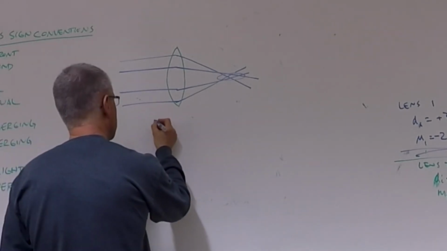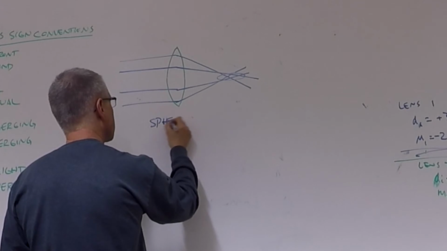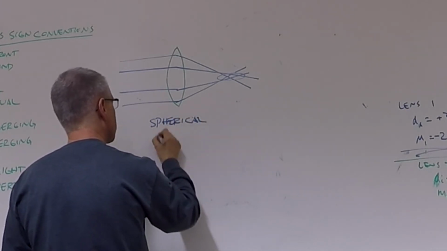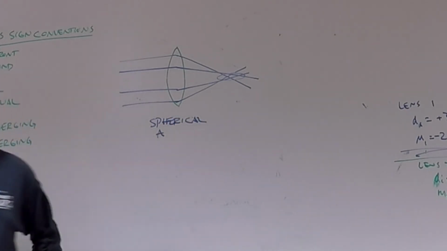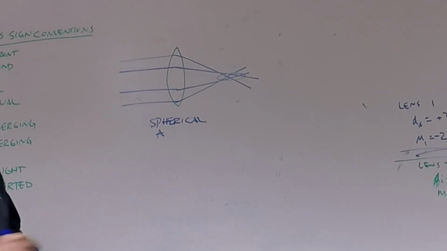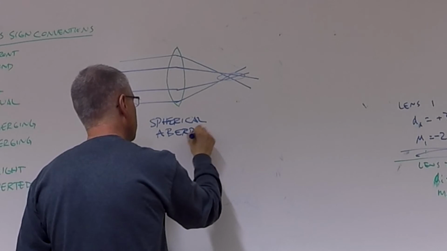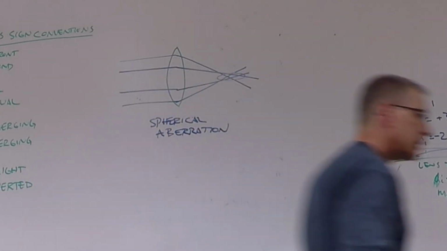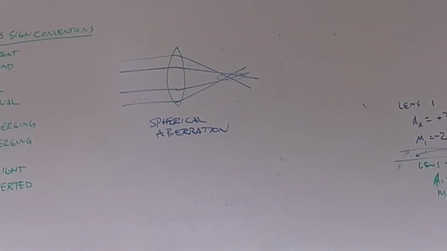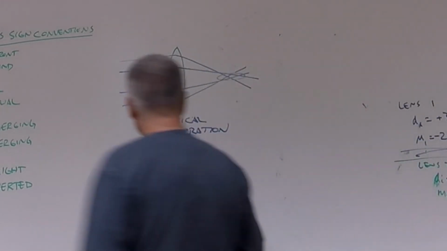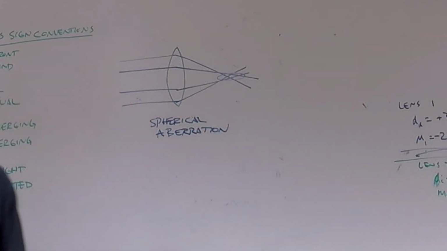What that's called is spherical aberration. I'll show you what that actually looks like through a lens.